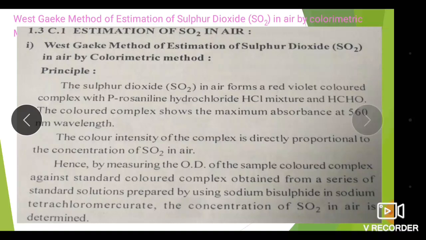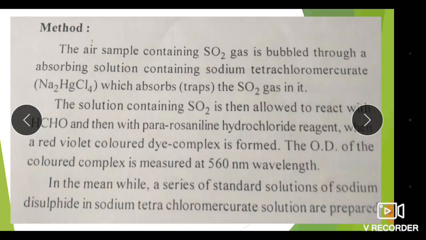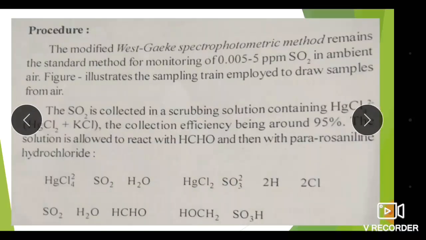So 560 nanometer is the lambda max, and at that maximum wavelength we can measure the absorbance.